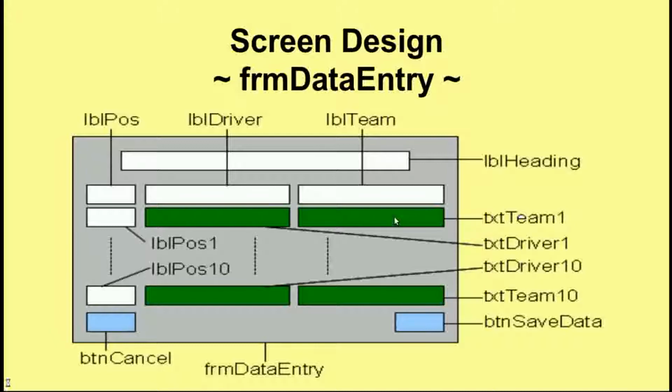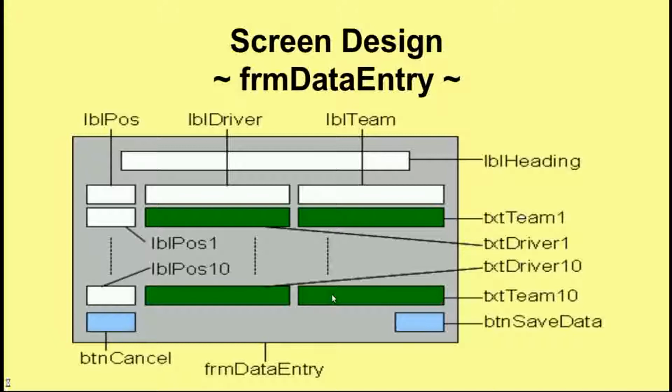Here we're going to have txt team 1. So for which motor racing team did that driver drive? And so on down. So the next driver would be txt driver 2, and the next team txt team 2, and so on. All the way down to txt driver 10 and txt team 10.